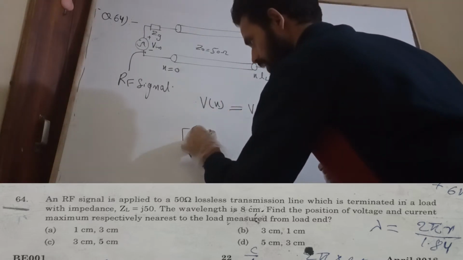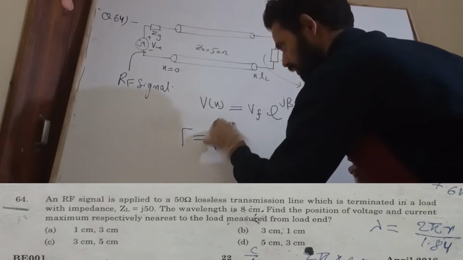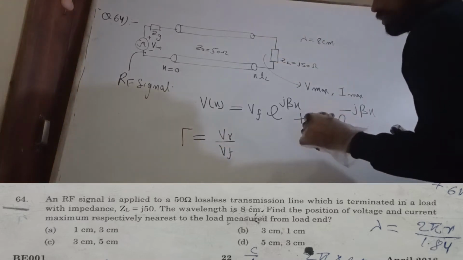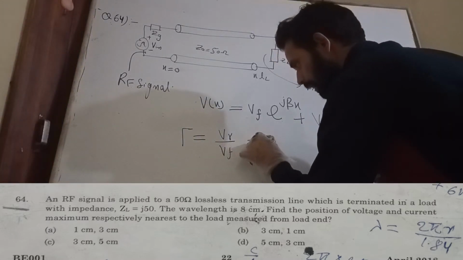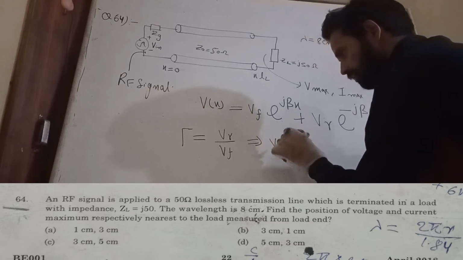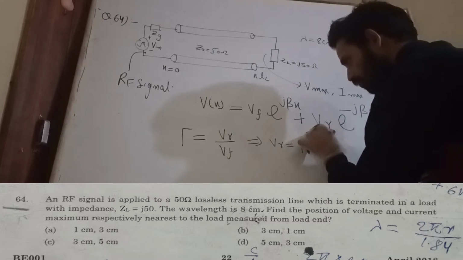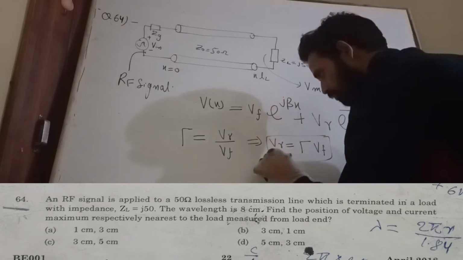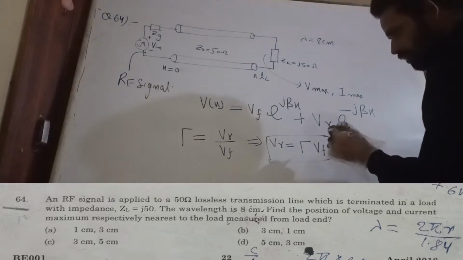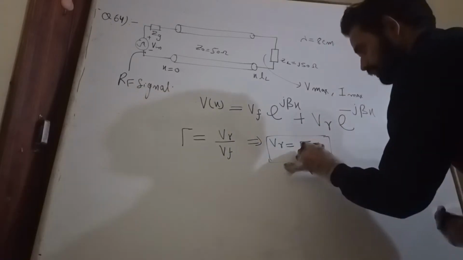As we know very well, the reflection coefficient tau is equal to reflected voltage upon forward voltage, which implies that the reflected voltage is equal to tau times Vf. This is the voltage reflection coefficient.